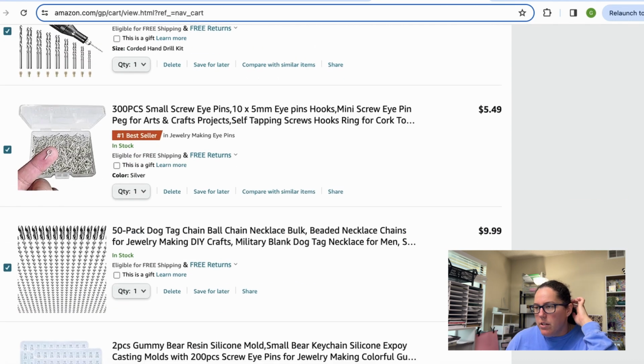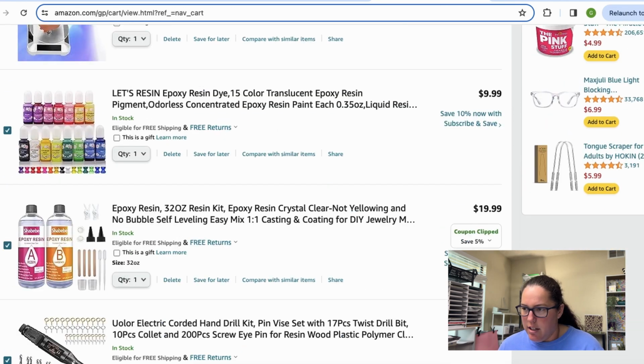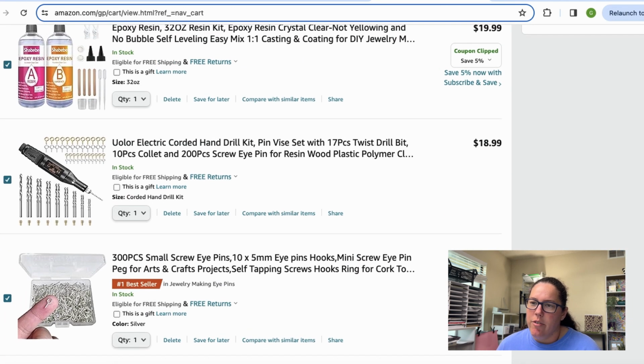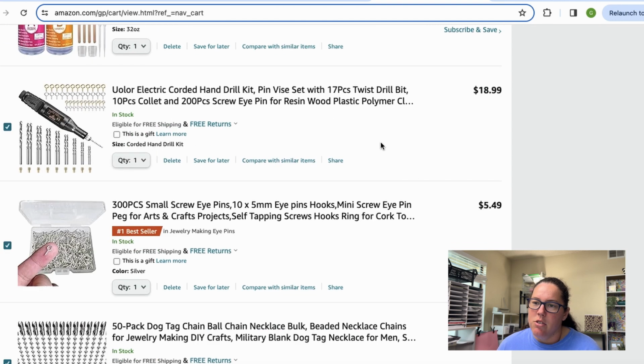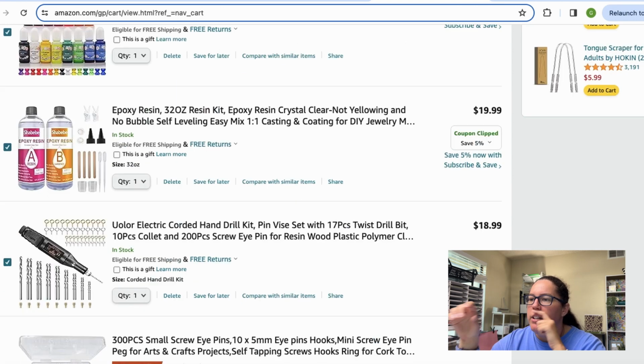So I have the molds, the resin, the dye, the cups to use it, the UV, and that's for the resin. And then to make it jewelry, I have the drill, the eyelets, and then the necklace chains. I have some D-rings already. And looking at what other supplies you have, I think this is good.